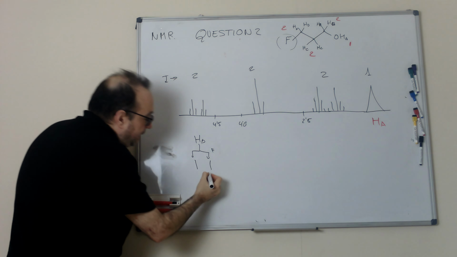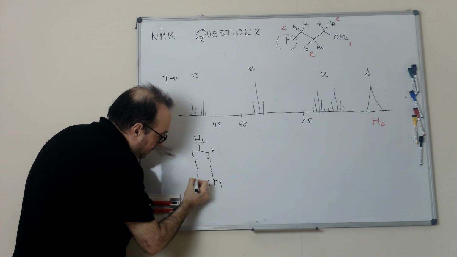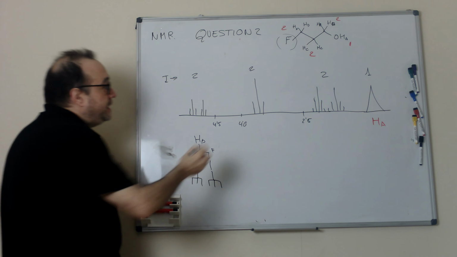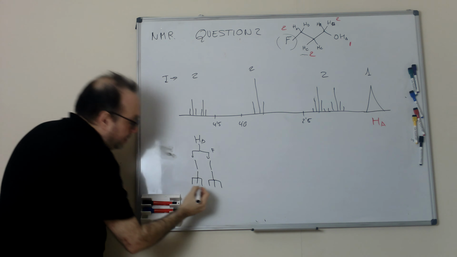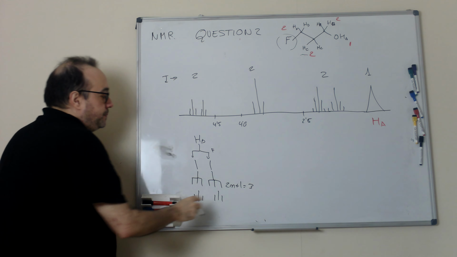Then Hd is coupling with Hc, that is a J3, and each signal will become a triplet, because of the 2 protons with spin 1/2, 2n plus 1 gives a triplet.